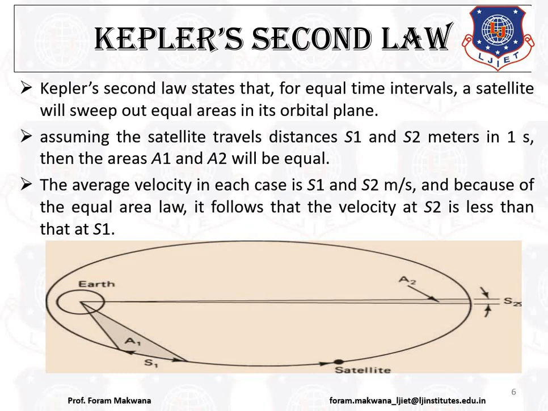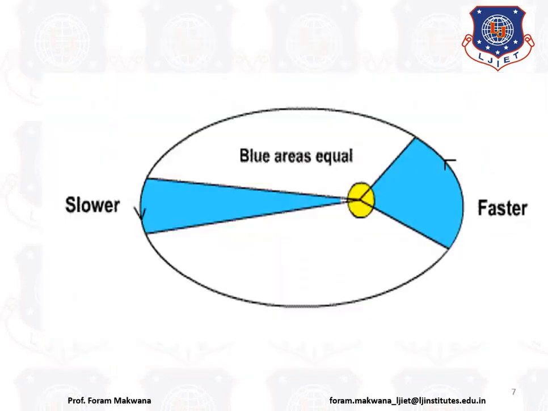And how is velocity at S2 less than S1? I'm going to explain you with one diagram. Over here you can see that this is Earth and this is the orbit on which a satellite is rotating. You can see that these points are nearer to the Earth and this point is farthest from the Earth on this orbit.